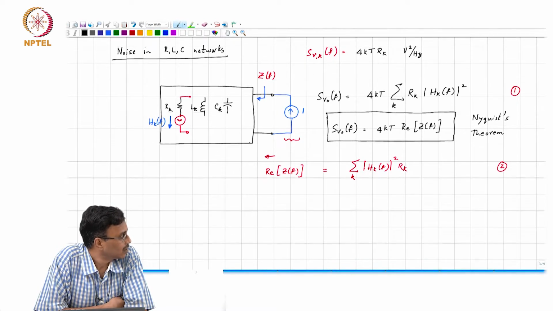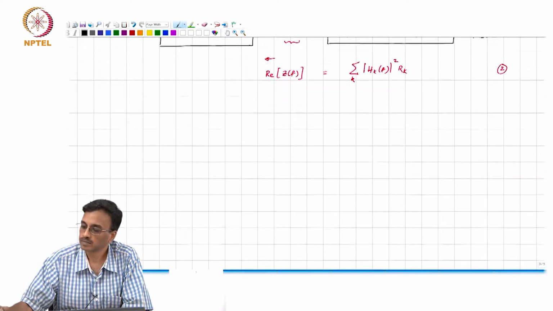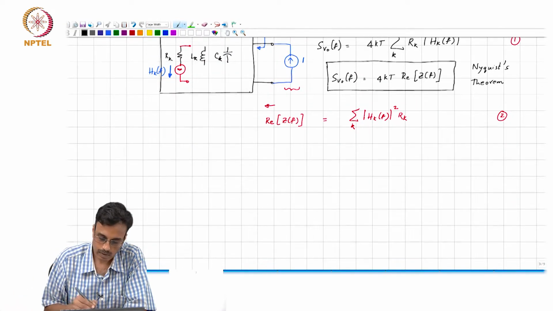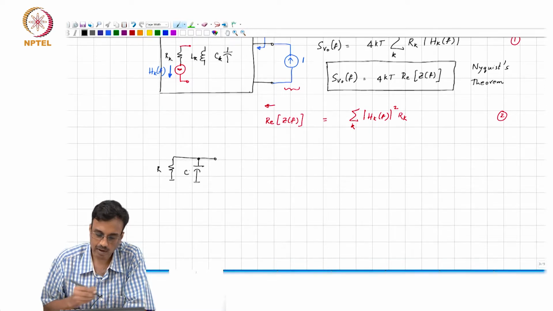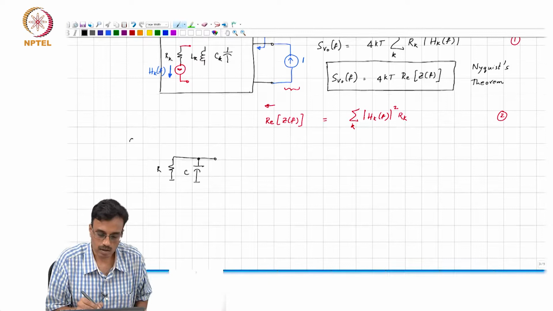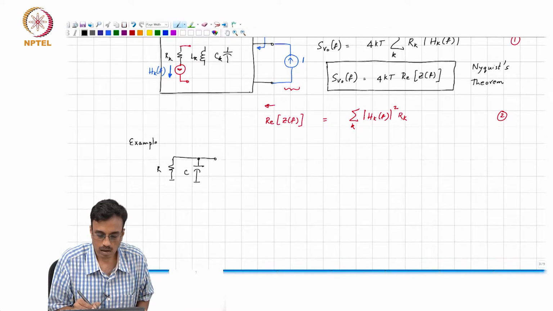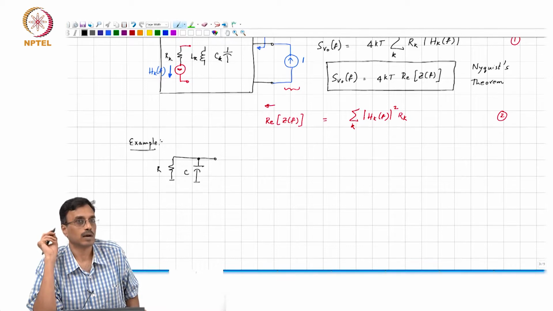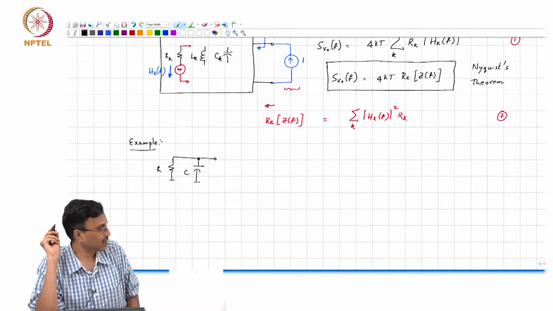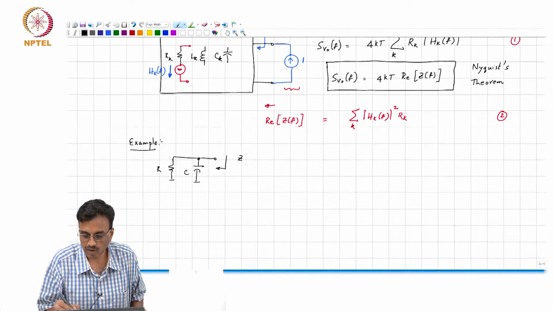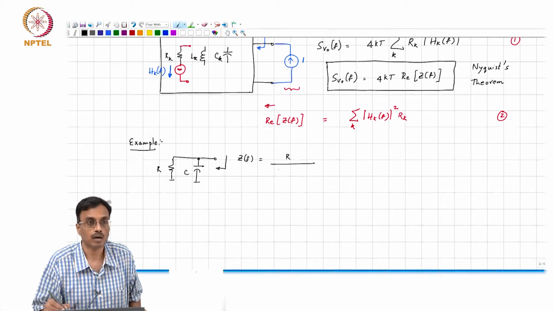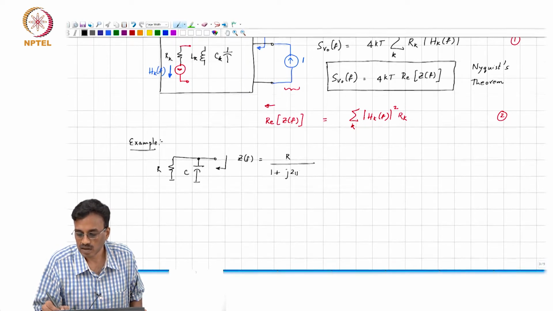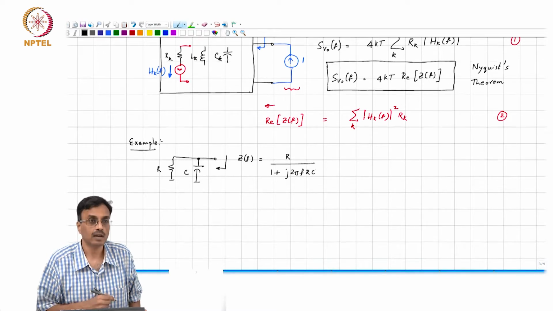And so, for example, let us come back to our familiar example here. We already know the answer, and all right. So, what comment can we make about Z of f, R by 1 plus j 2 pi f R C?